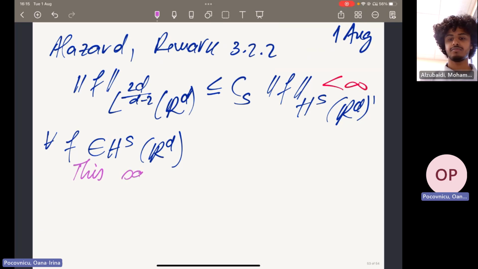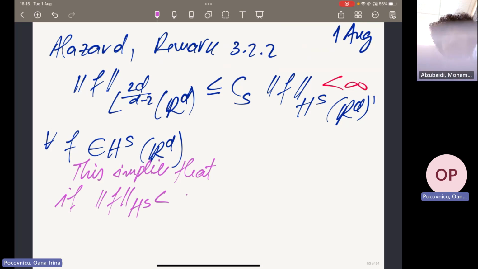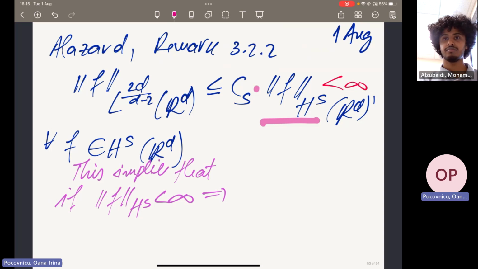This implies that if the H^s norm of f is finite, then a constant times this norm will also be finite. But this means this L^(2D/(D-2)) norm is also finite. So then the norm of f in L^(2D/(D-2)) is finite.